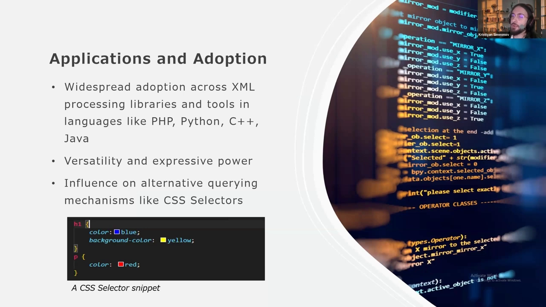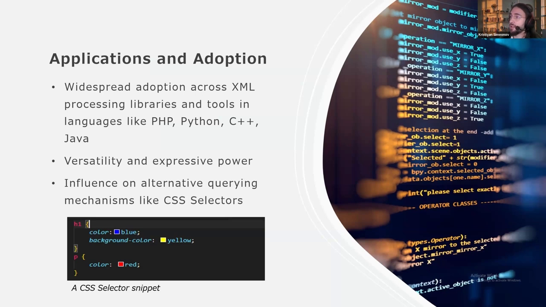As I told you, XPath by itself is not a language, but more like a paralanguage, and it has been adopted in those formats, as I said, because of its versatility and expressive power, having more than 200 built-in functions.